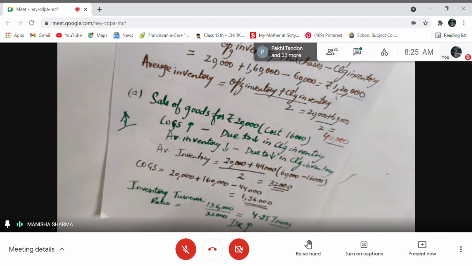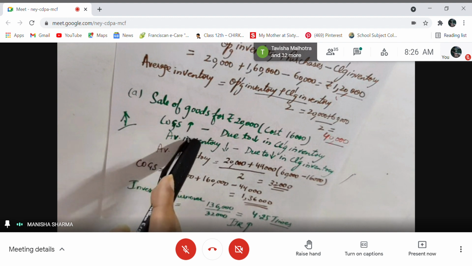Because if you know the formula, COGS is equal to opening inventory plus purchases minus closing inventory. If the closing inventory is decreasing due to sale of goods, then the amount to be subtracted will reduce. If the amount to be subtracted reduces, it means COGS will increase.